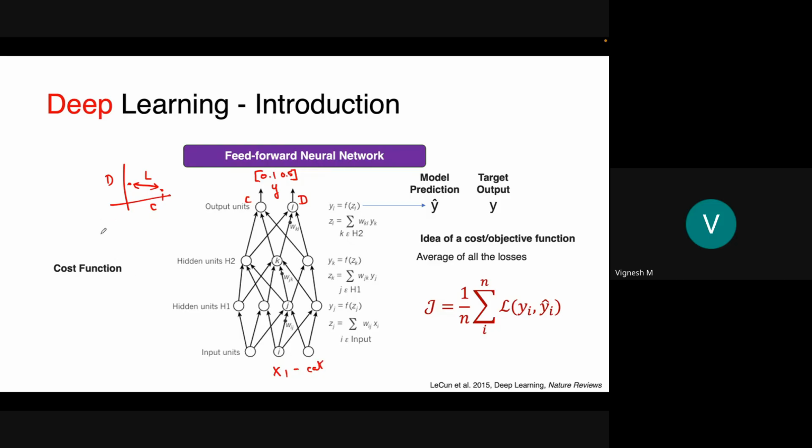Now, in essence, we can write that as something like y minus y hat, the whole square, for that particular image. So the error is something like that.